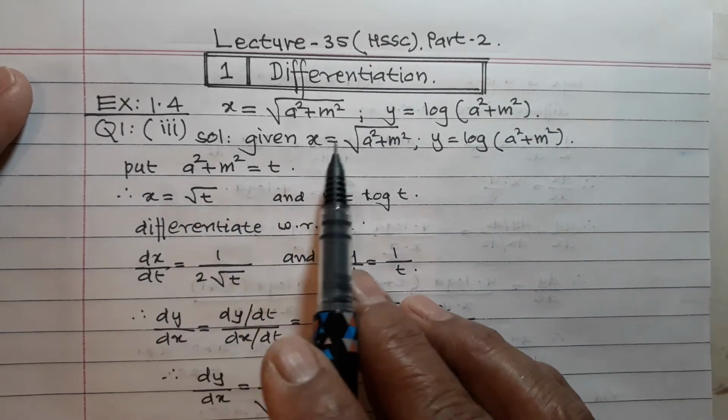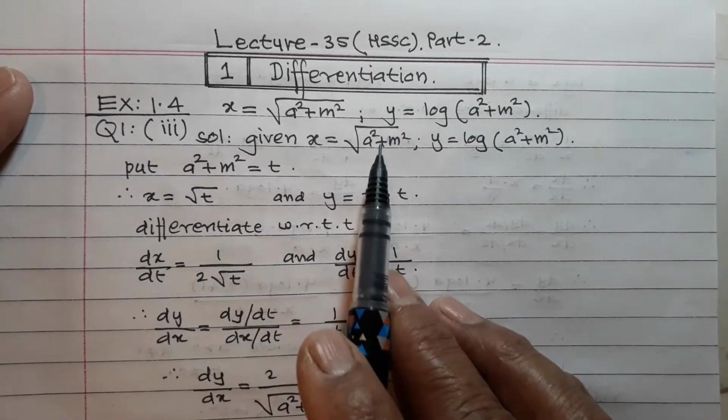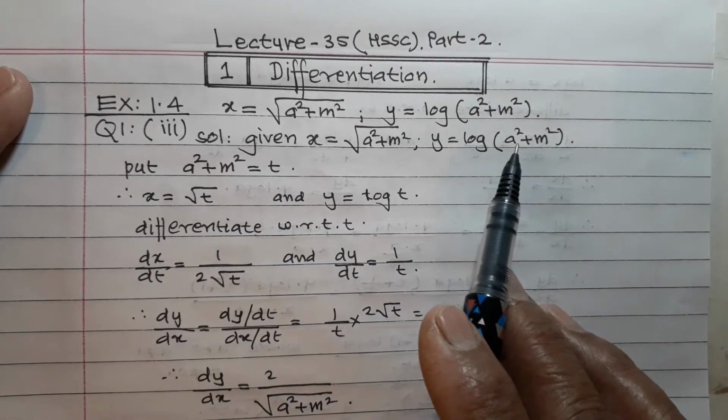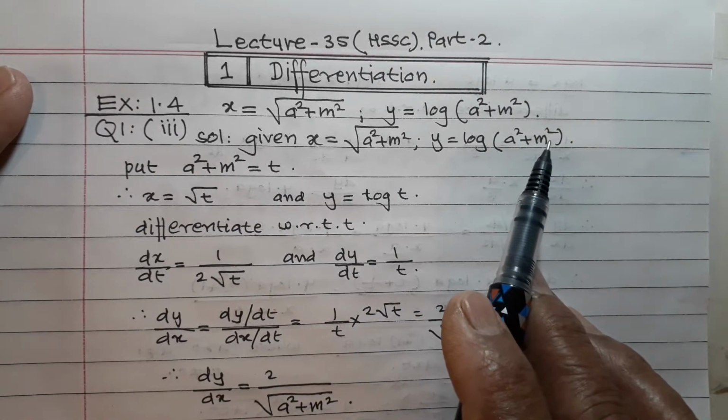Solution: given x = √(a² + m²), y = log(a² + m²).